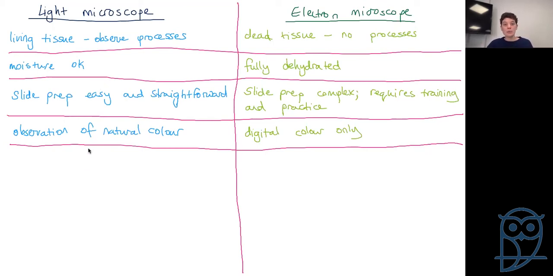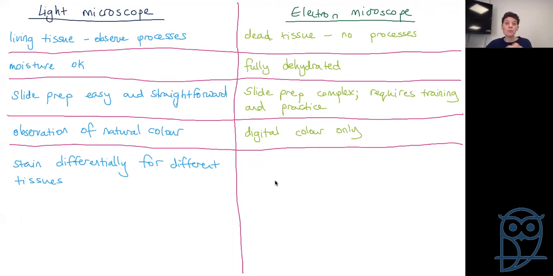With a light microscope, we can use special stains for special tissues. Okay? We can stain all the lignin in our xylem bright red and not stain anything else in our specimen. Okay? So we can stain differentially for different tissues. When it comes to an electron microscope, we can stain, but we can only stain with heavy metals.